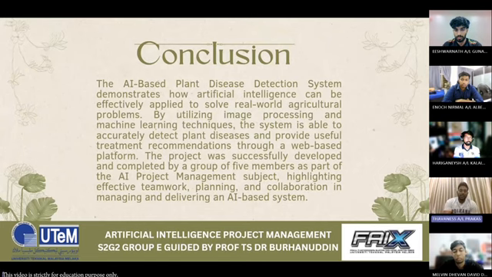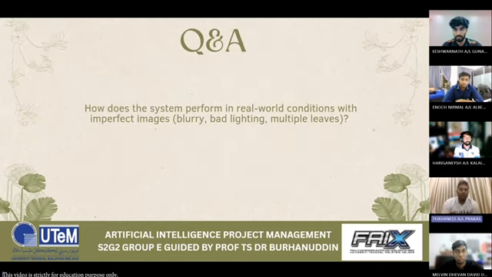So for the Q&A session, the question is: how does the system perform in real-world conditions with imperfect images, for example blurry images and bad lighting? The answer is that we pre-process images to normalize lighting and enhance contrast, and the model is trained on augmented data that includes realistic variations.